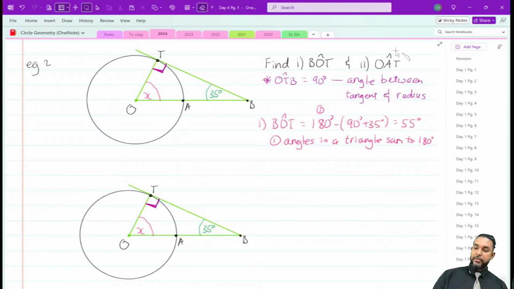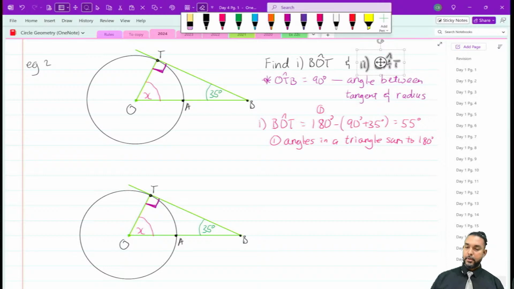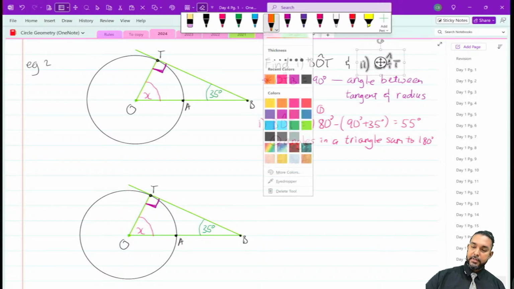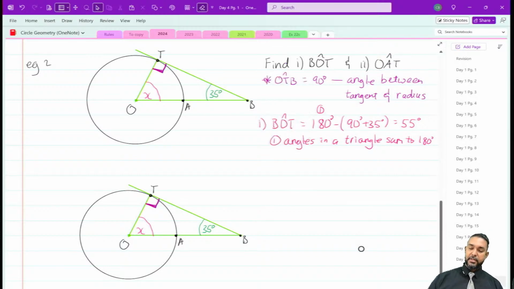Okay, the next angle is OAT. Now, angle OAT starts at O, goes to A, and goes to T. But we have no line connecting A and T. So what we're going to do, we're going to draw it in. And then angle OAT becomes this angle here. Let's call it Y for the sake of simplicity.